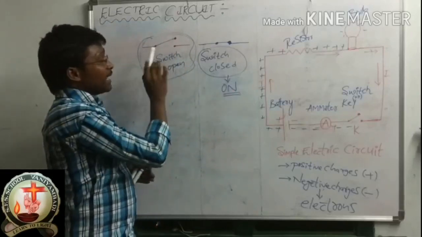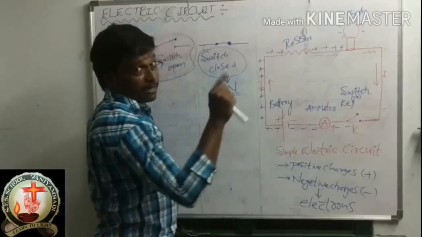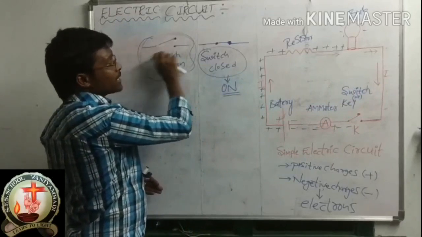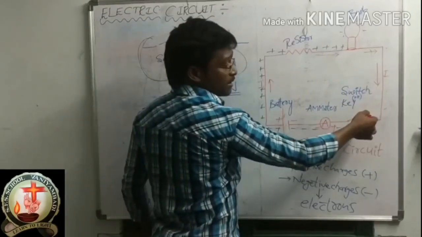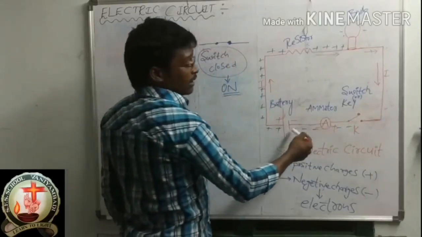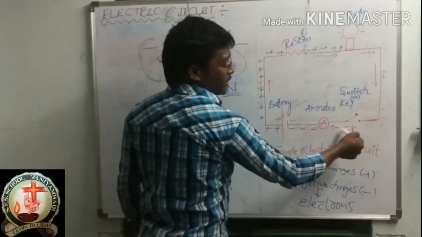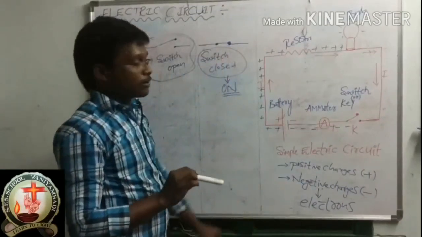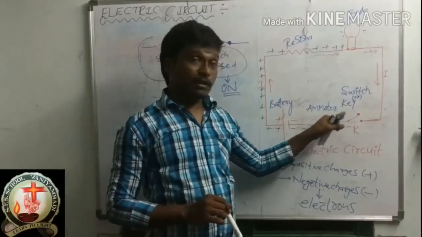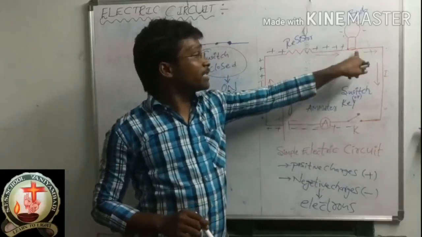These negative charges will enter from this side to that side only when this gap is closed. But here the switch gap is open. So there is no possibility for these electrons to cross this switch. There is no chance these electrons can cross this switch because the switch is open. So electrons cannot reach this bulb.